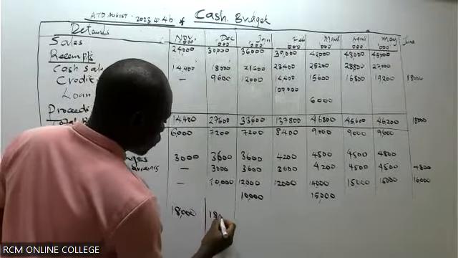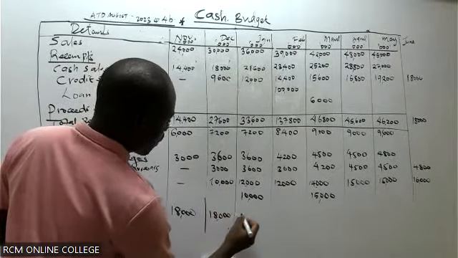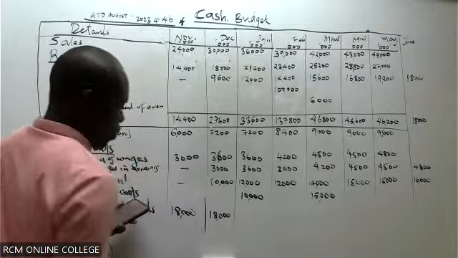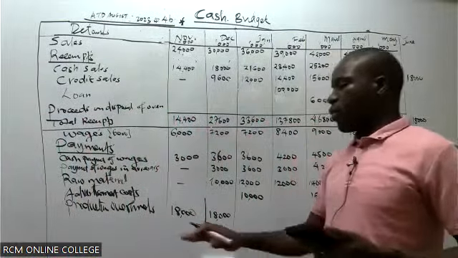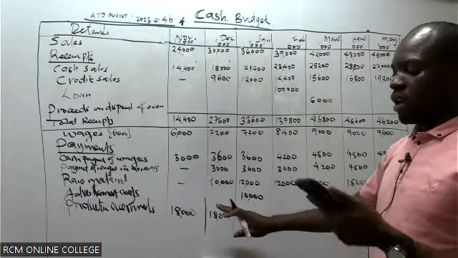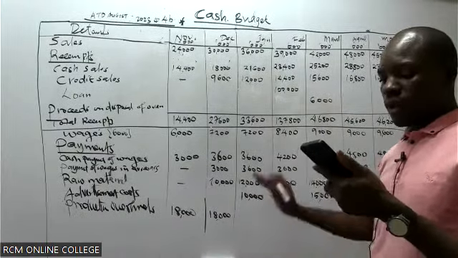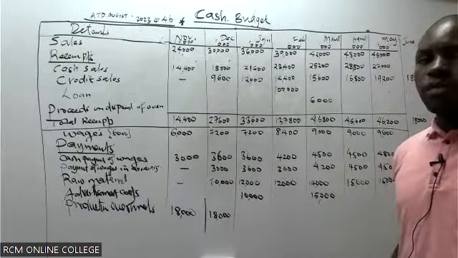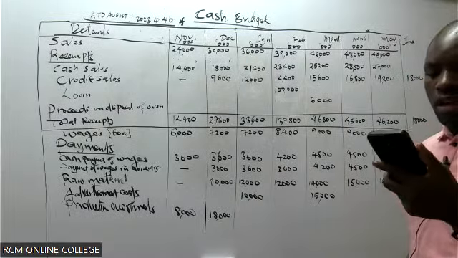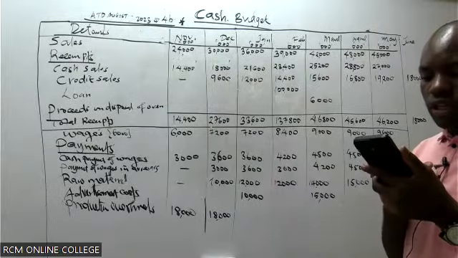So if they have not mentioned anything on when they were paid, then automatically we are going to pick it as paid in the same month. Then after 31st of December, going forward, it is going to increase by 2 million in each and every month.